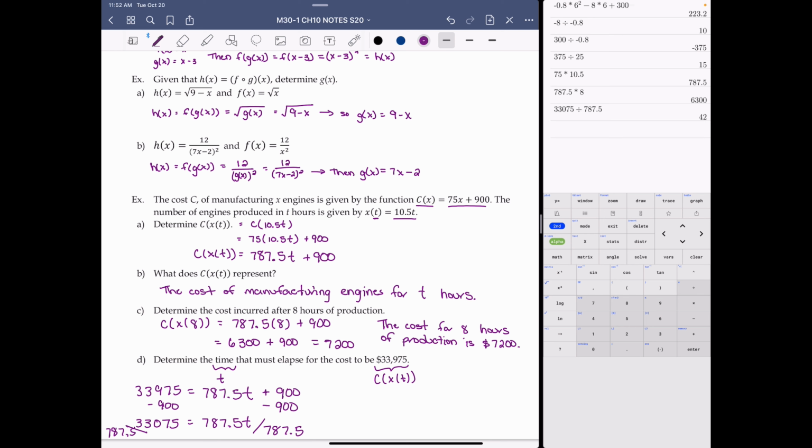So we get t = 42. 42 hours of production results in a cost of $33,975.